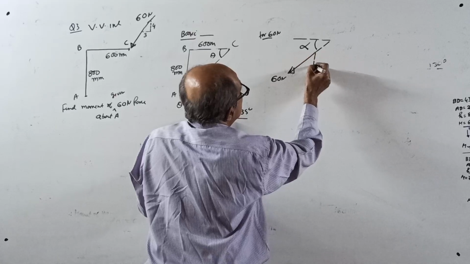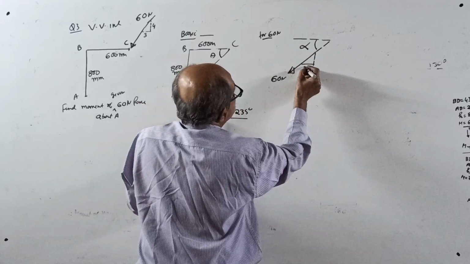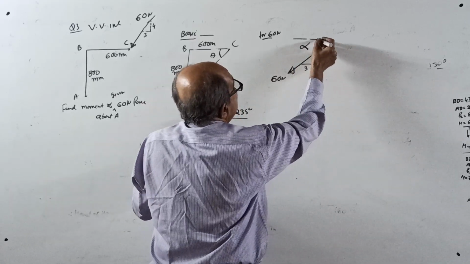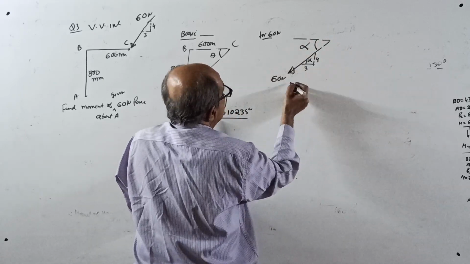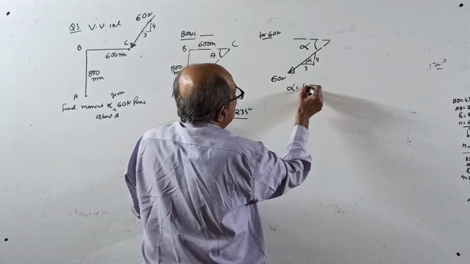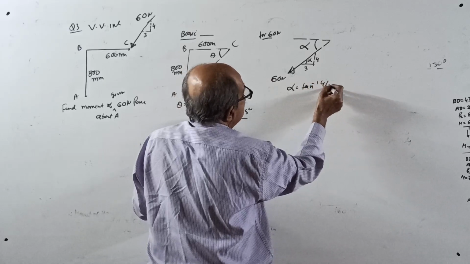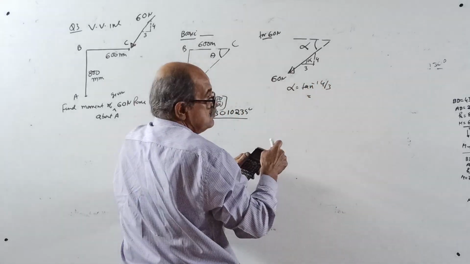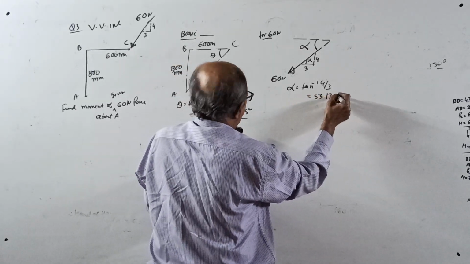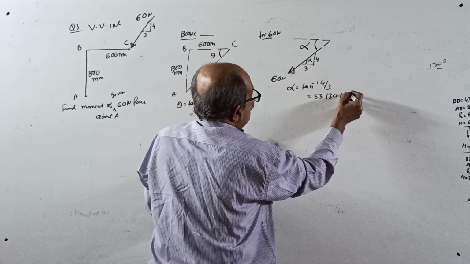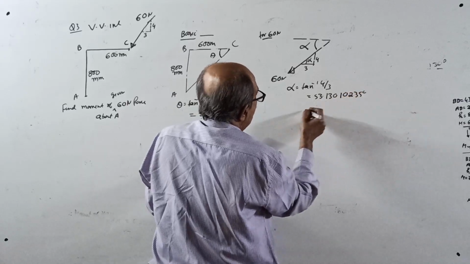But they told us the slope is 3 and 4. If this is alpha, this also is alpha. Therefore, alpha equals tan inverse of 4 by 3, equal to 53.130 degrees.